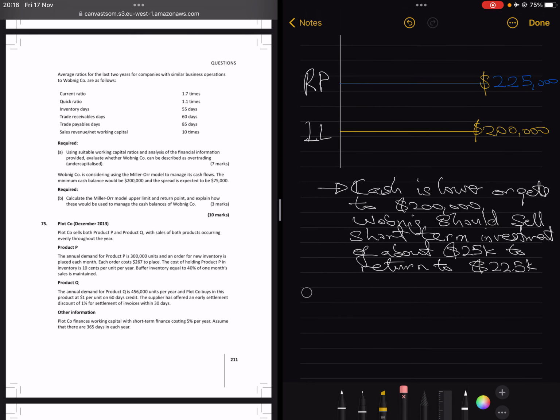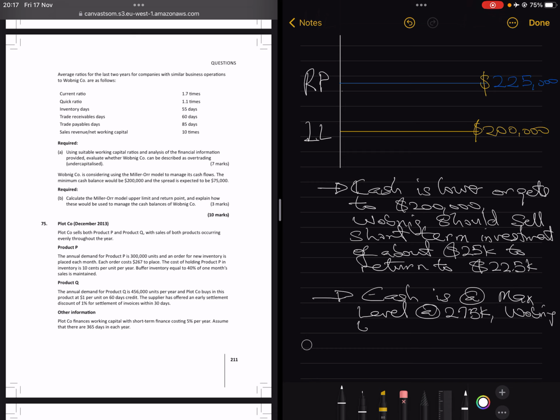And also, if cash is at the maximum level, which means it gets to 275k, then you ask Wobning to invest the excess cash.